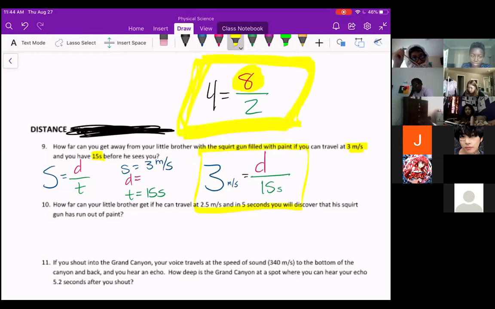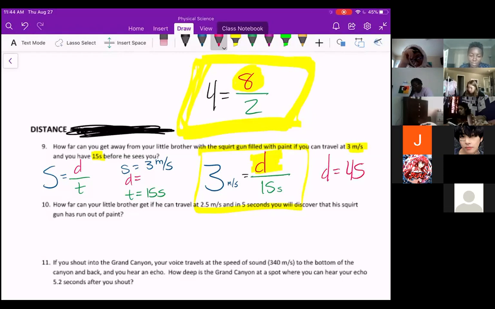Multiply 4 by the denominator. Right, so I'm multiplying the whole number by the denominator. So down here, I could do the same thing to get that top number because this is the same piece that's missing. So 15 times 3 is 45. So D is equal to 45.